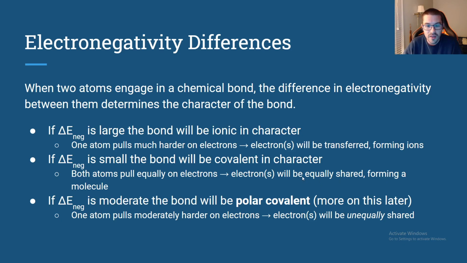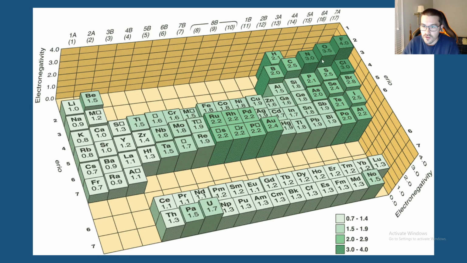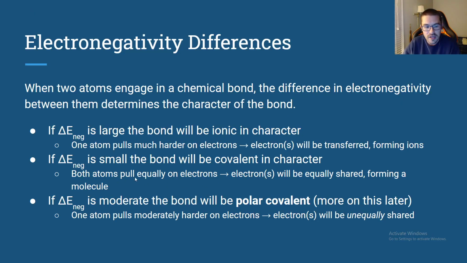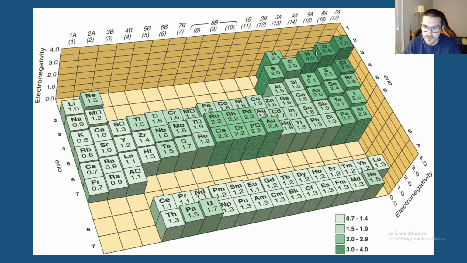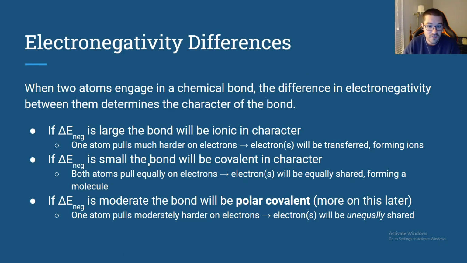It's not going to be like in the case up here, where chlorine was winning the tug of war because the difference in electronegativity was large. But with two oxygens, the difference in electronegativity is 0, so the electrons shared between them are going to be equally shared. And in that case, you form a molecule, okay?